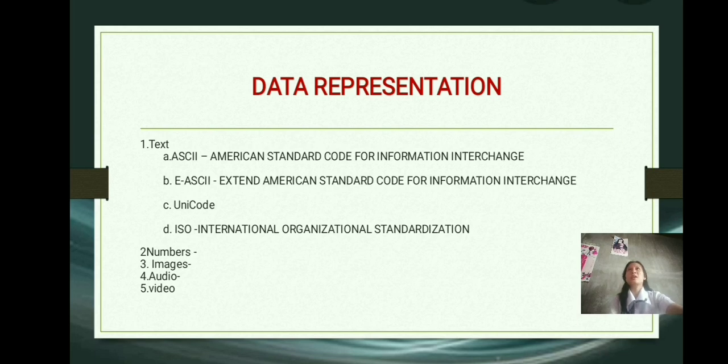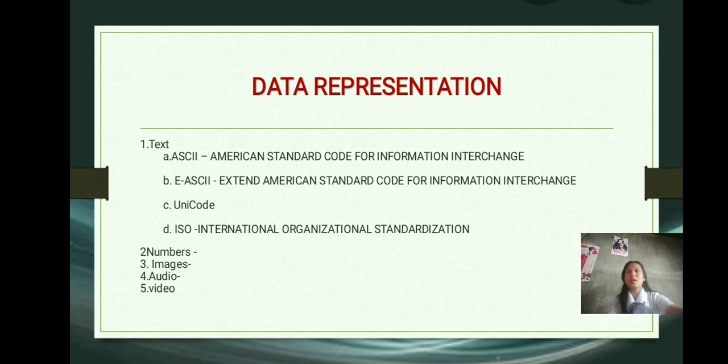Number 3, images. Image is the representation of a thing in art form. Number 4, audio. It is the data representation in sound, especially when it is recorded or reproduced.